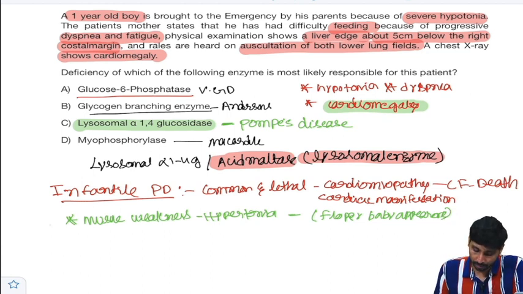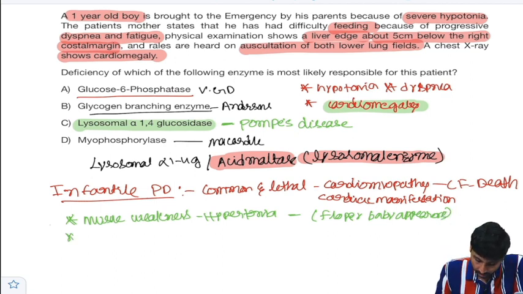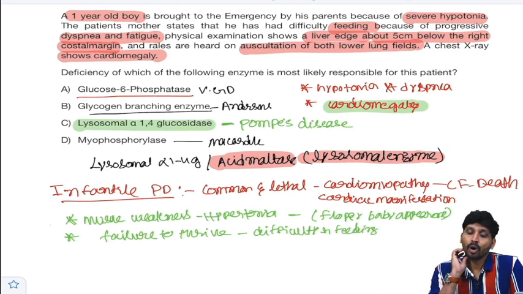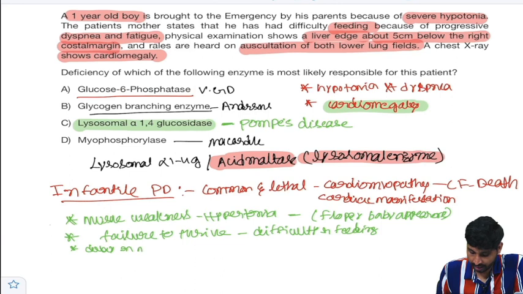So in infantile Pompe disease, difficulty in feeding leads to failure to thrive. Another prominent thing is delay in milestones.